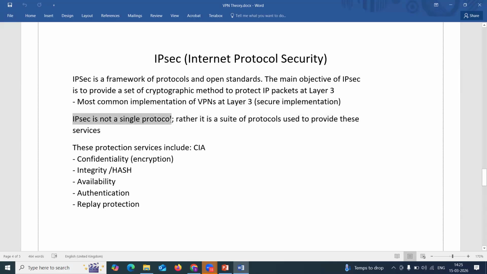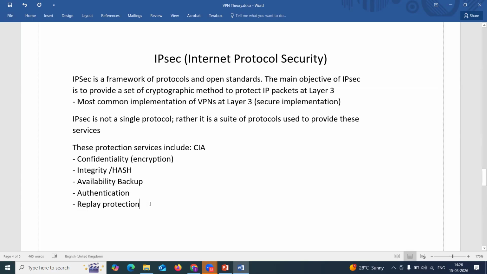It's the most common secure implementation of VPNs at layer 3. IPsec is not a single protocol, rather it's a suite of protocols used to provide these services. CIA: we have confidentiality, which is encryption; integrity, which is hash; availability, which basically means a backup; authentication, which identifies who you are; and replay protection.